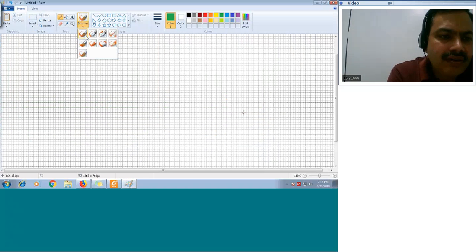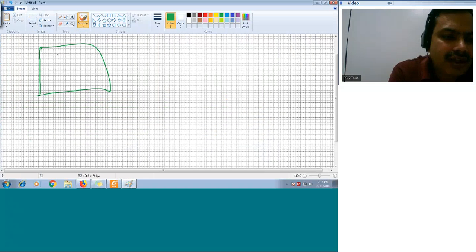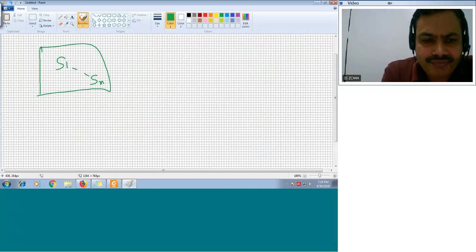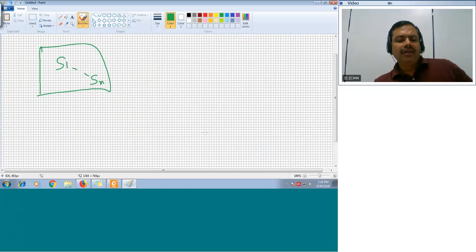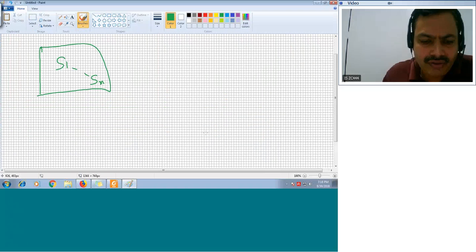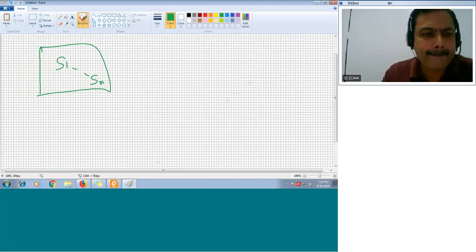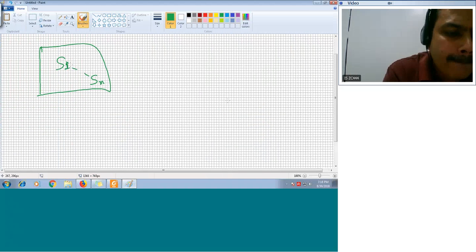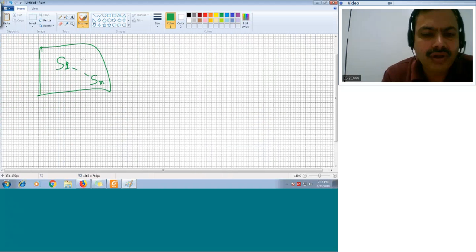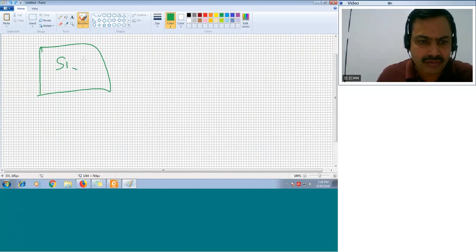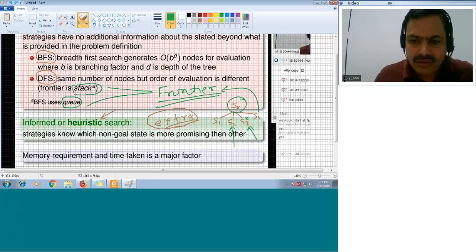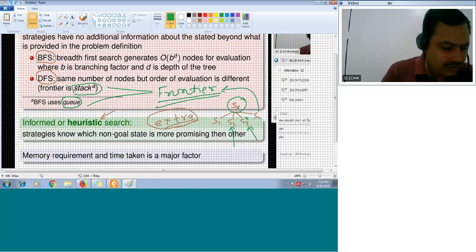So the typical operation is this: you have some system where there are a lot of states, S1 up to Sx, X number of states, and you are in the state S1, and you apply something to go to the next state.